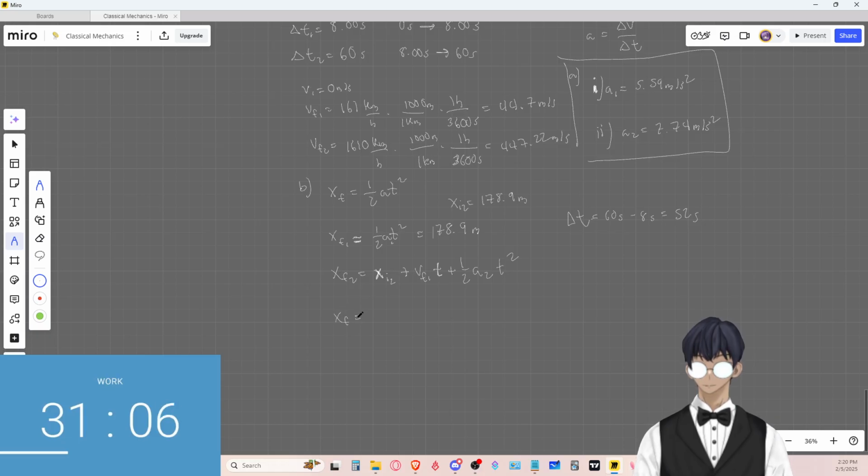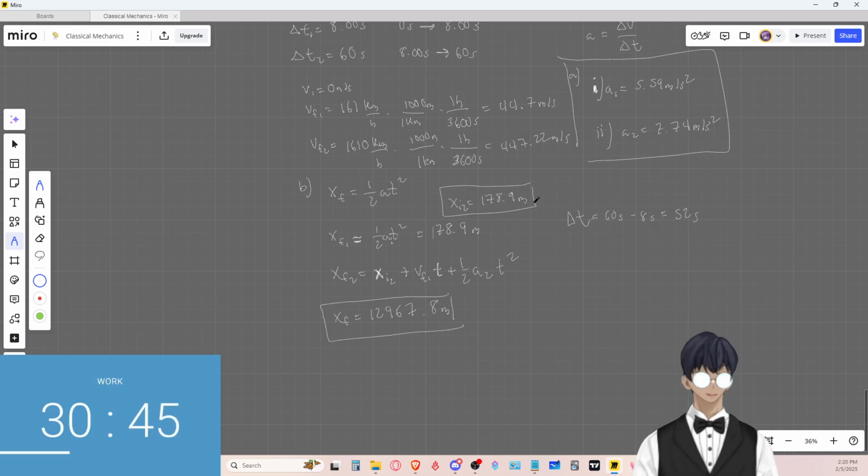So the final destination. Wow, that is huge. Well, of course it's a rocket. So I think I broke it down and everything seems to be fine.